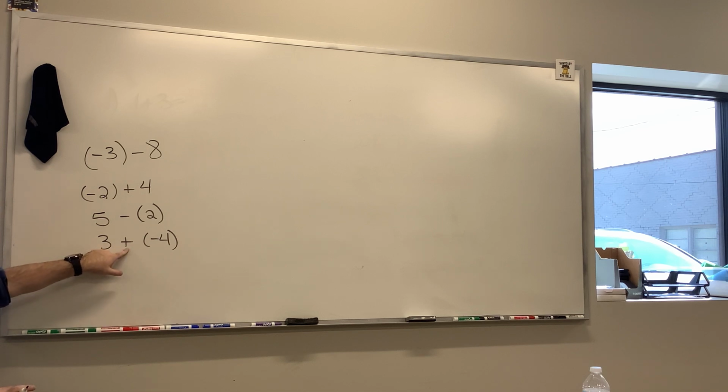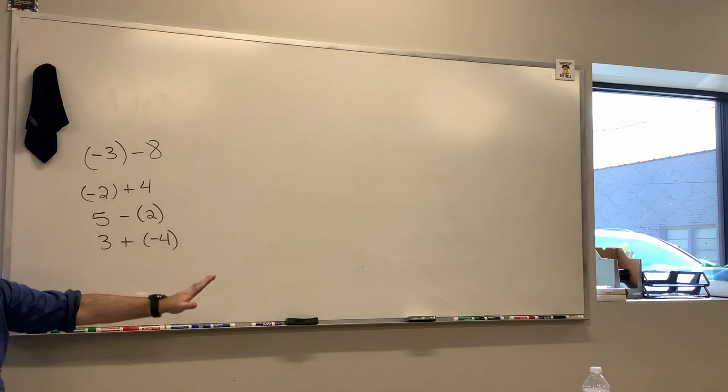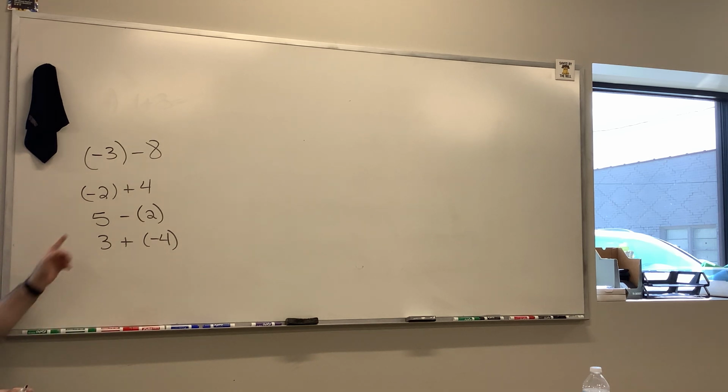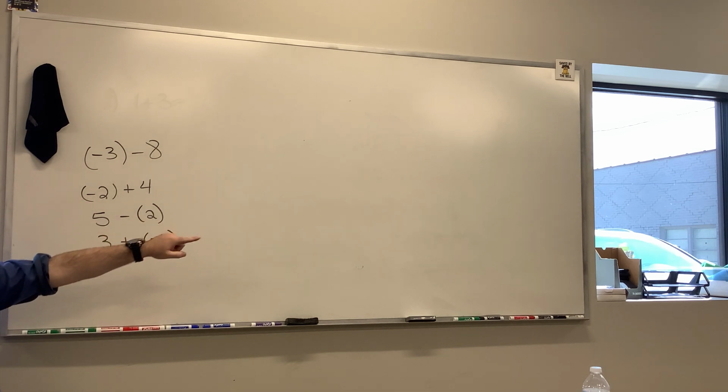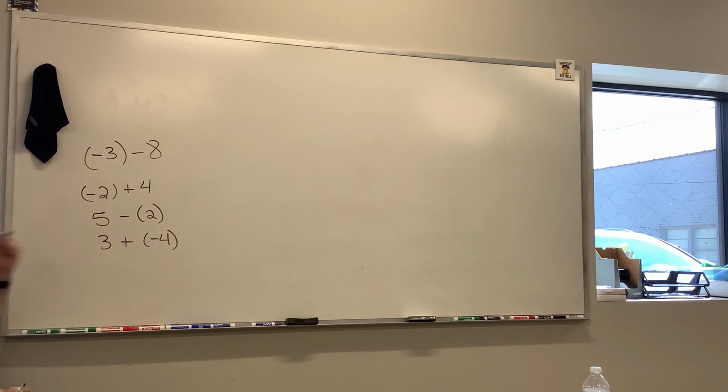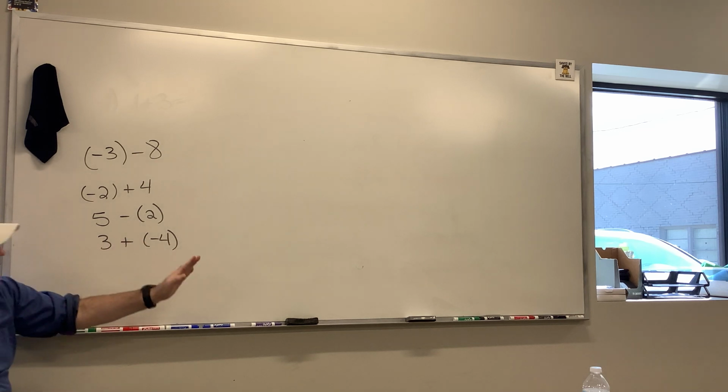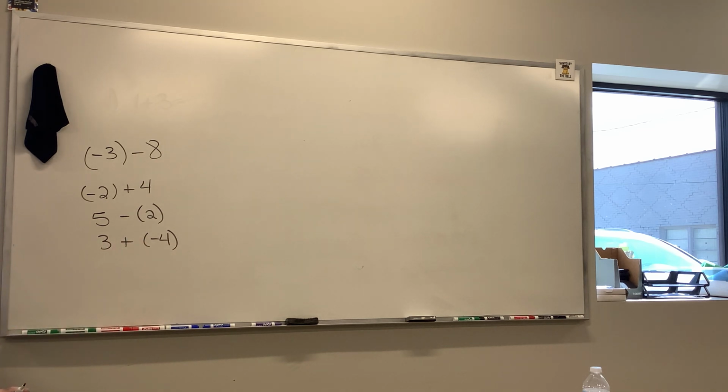This one has a plus, but then you have a negative number. So we see these two signs, am I going to the right, or am I going to the left? Like all these other ones, -3, and then you're going 8 to the negative. -2, and you're going 4 to the positive. 5, you're going to the negative. Here, you've got a positive, so I go positive, but it's a negative number, so do I go negative? Which way do I go?